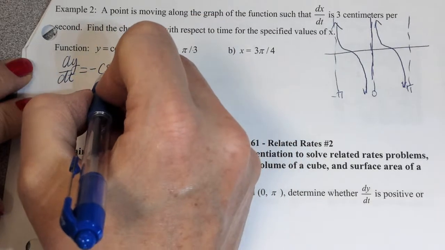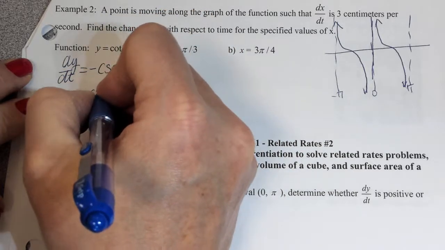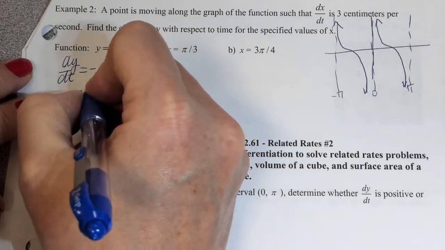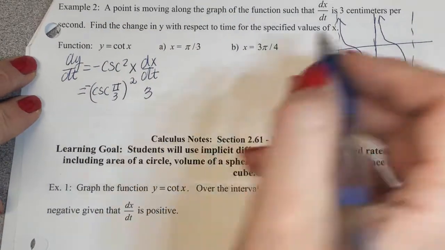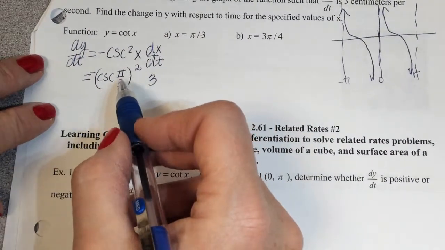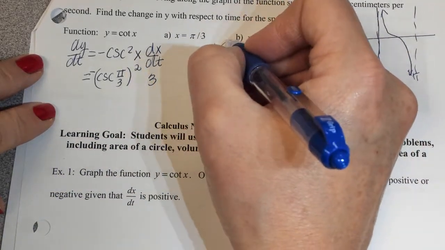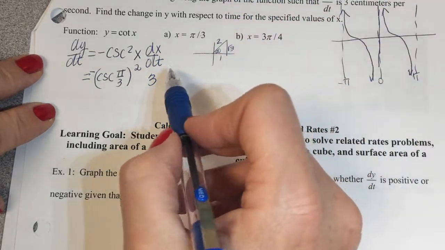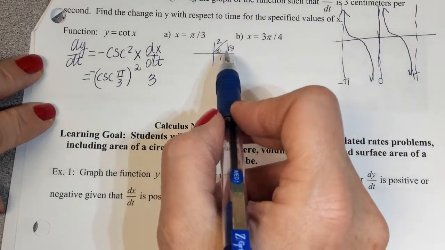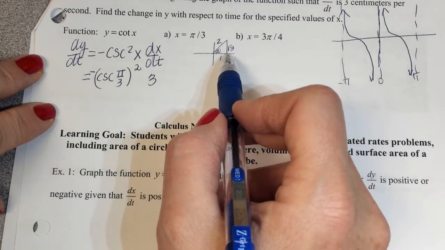And I have to do the cosecant of my x value. So I have to do the cosecant of pi over 3. I have to square it, and then I have to do the negative of it. Well, pi over 3 is 60 degrees. If you need to, draw a little picture. Here's 60 degrees. That's radical 3, 1, and 2. What's the cosecant? 2 over radical 3.